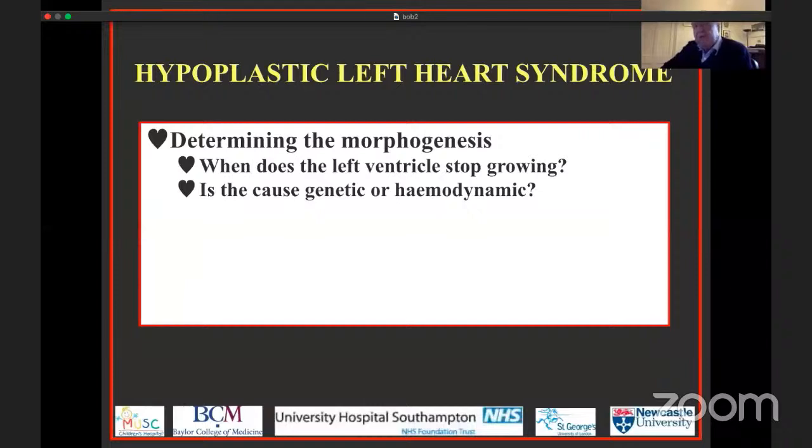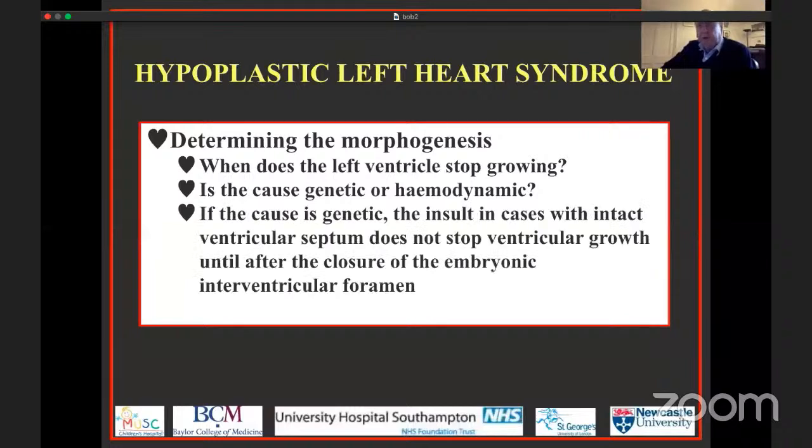Some have argued it's because the atrial septum becomes intact. Or are there genetic cues which tell the ventricle that it has to stop growing? What's for sure, if the cause is genetic, the insult may well not start.